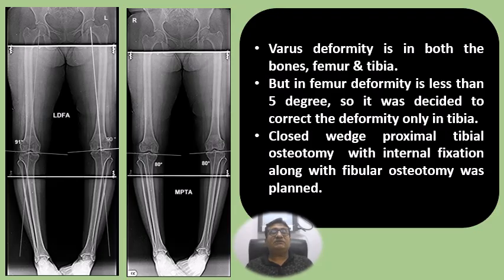So this particular patient has a deformity in both bones, femur and tibia, but as there is less than 5 degrees of deformity in the femur, we may not be required to correct the deformity in both bones, to reduce the probability of postoperative complications. Only a proximal high tibial osteotomy was planned, and all the deformity in the distal femur was compensated in the tibia.